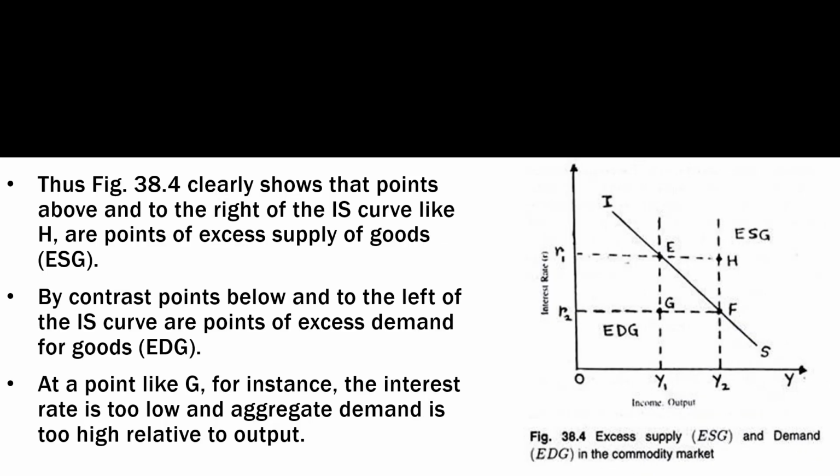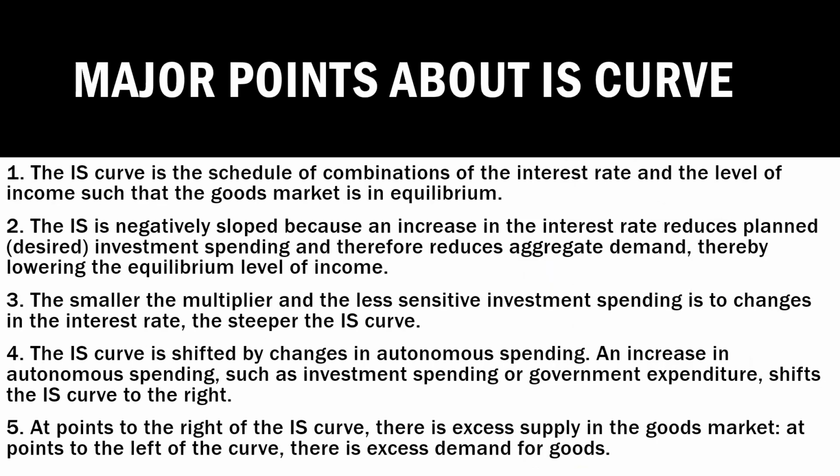In this figure, the points above and to the right of the IS curve, like H, are points of excess supply of goods. By contrast, the points below and to the right of the IS curve show excess demand for goods. At point G, for instance, the interest rate is too low and the aggregate demand is high relative to your level of output.